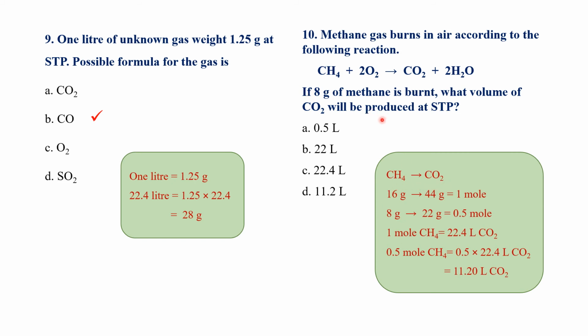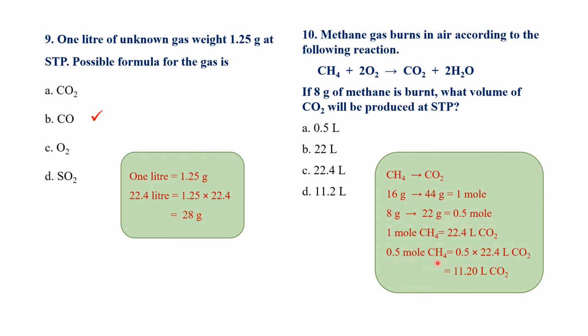Now by using this equation, 1 mole of methane will give 22.4 liter of carbon dioxide, because 1 mole of methane when reacting with oxygen will produce 22.4 liter of carbon dioxide. This is the volume of 1 mole.